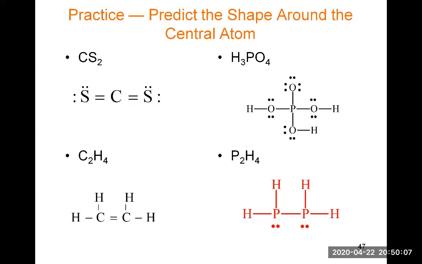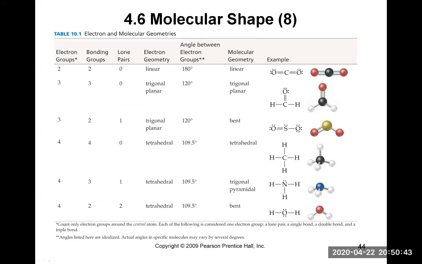CS2, you have the Lewis structure there. C is surrounded by the two sulfurs and double bonded to each of them. And so when we count the number of electron groups around C, we have two groups, two atoms. So if you look at the table, we see two electron groups, two bonding groups, 0 lone pair.